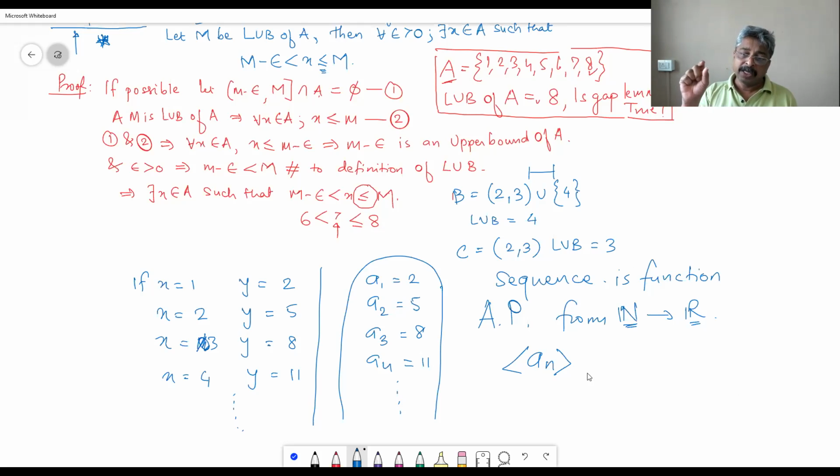And eventually, if something is true for x equal to 2, if something is true for x equal to 3, will it be true for all points between 2 and 3 as far as real numbers are concerned? We will do that there. It is easy to prove it for 2, it is easy to prove it for 3, but it is a little difficult to prove it for any real number between 2 and 3.